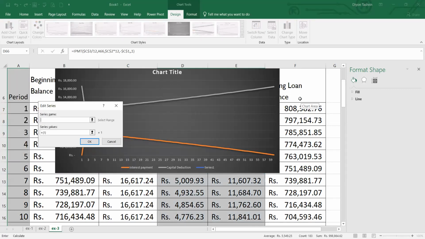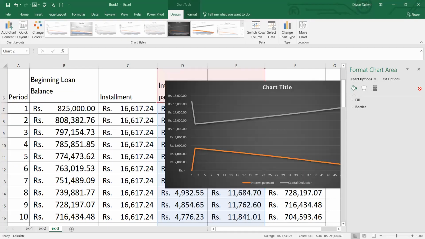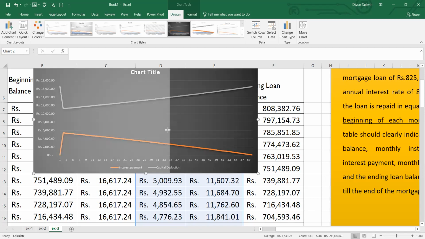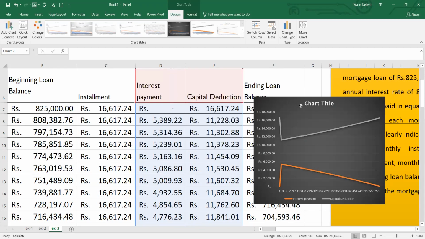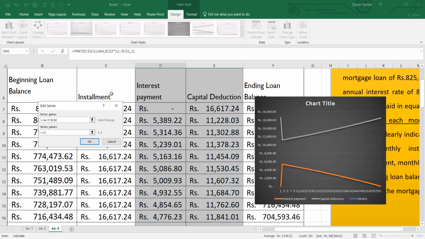which is the installment. First I have to move this chart, otherwise it won't let me insert it. Now I'm going to add the installment as well.